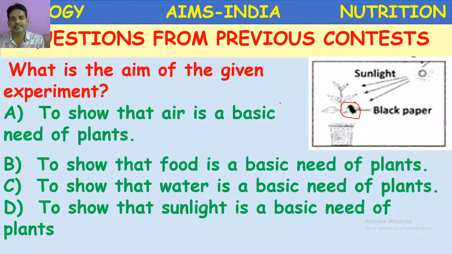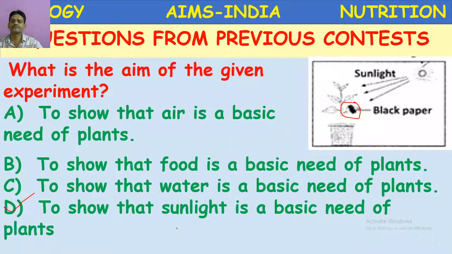Like that, every factor related to photosynthesis is studied with the help of experiments or activities. So this particular experiment proves that. What is the answer selected by you? D. D is the correct option, to show that sunlight is a basic need of photosynthesis.